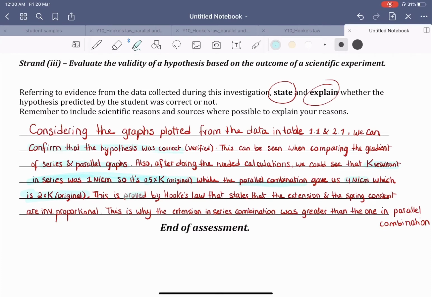This proved what Hooke's law states, that the extension and K are inversely proportional, and this is why the extension in series was greater than the extension in parallel, while the K in parallel was greater than the K in series.